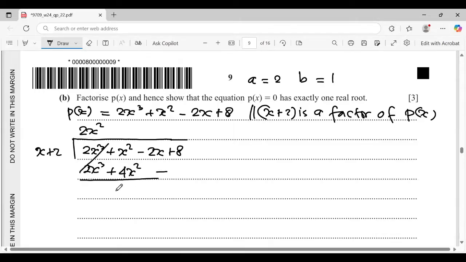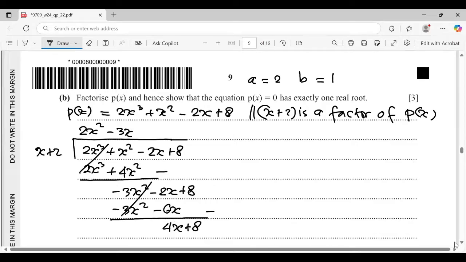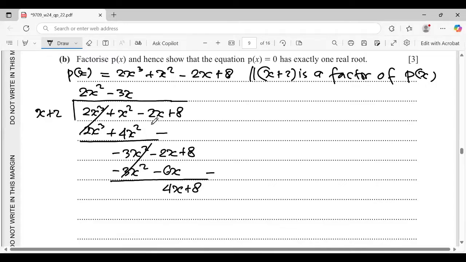Subtracting, we get minus 3x squared minus 2x plus 8. Then times minus 3x gives minus 3x squared minus 6x. Subtracting, we get 4x plus 8. Then times 4 gives 4x plus 8, with remainder 0. So the quotient is 2x squared minus 3x plus 4.